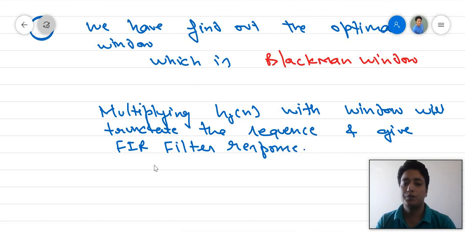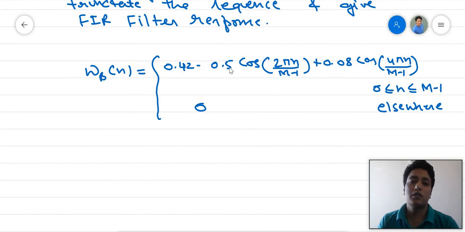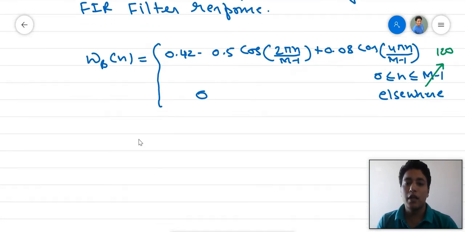So w B of n is equal to 0.42 minus 0.5 cosine 2 pi n by M minus 1 plus 0.08 cosine 4 pi n by M minus 1, where n varies from 0 to M minus 1. Now in this case M minus 1 is 120.